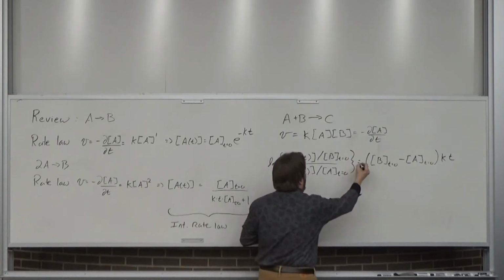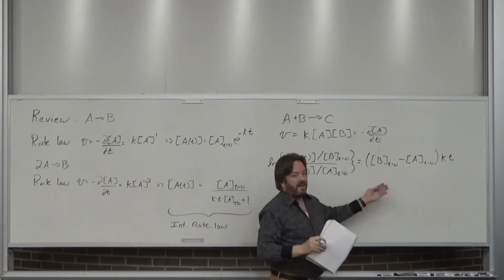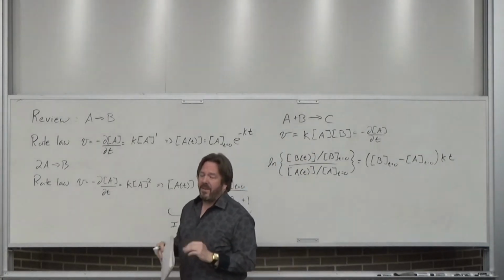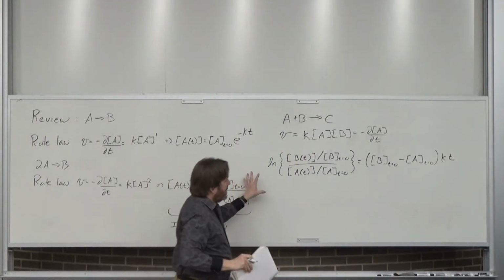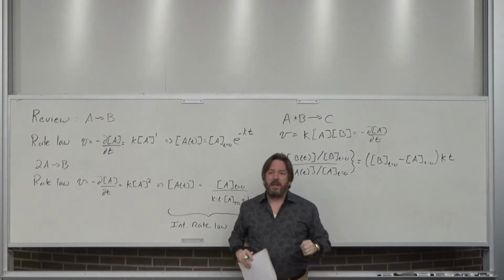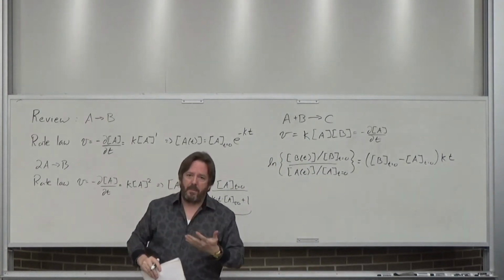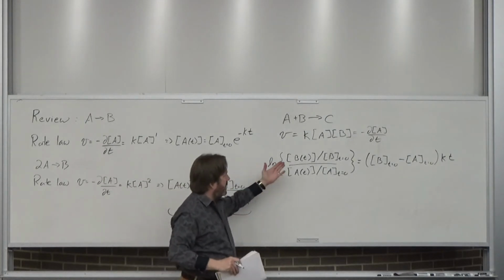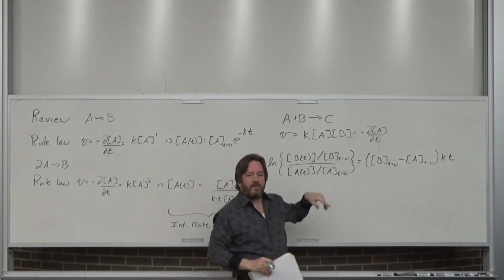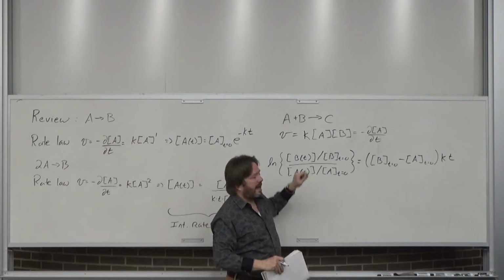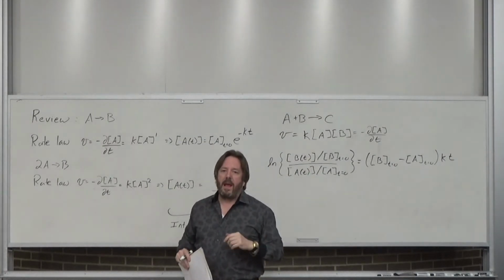Now there's actually nothing else I can do with this. This is as good as it gets. It's kind of unsatisfying. As I mentioned before, if I'm writing a paper on this reaction and I'm trying to express this information, I express in the paper it's second order, I give the rate constant, and there you go.